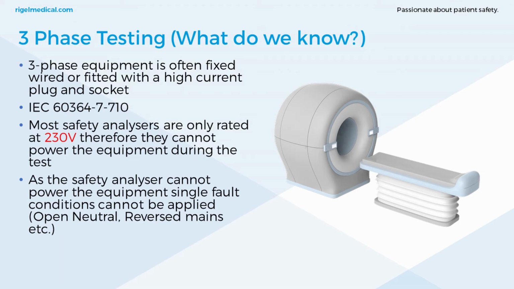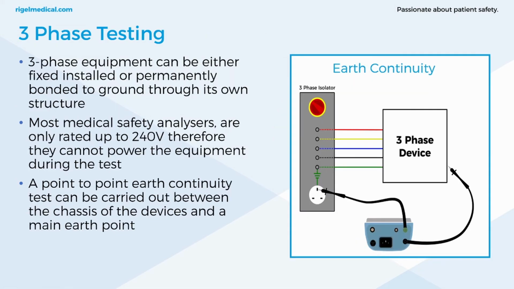Because of this, the safety analyzer cannot power the equipment and do the single fault conditions, because the device is not plugged into the safety analyzer. So open neutral, reverse mains, etc. cannot be performed. Okay, so three-phase equipment can be fixed, installed or permanently bonded to ground through its own structure.